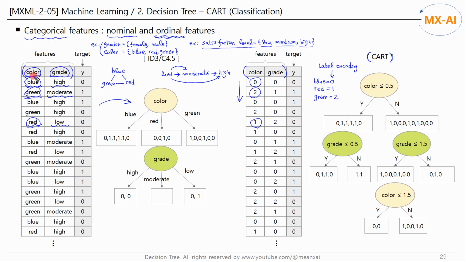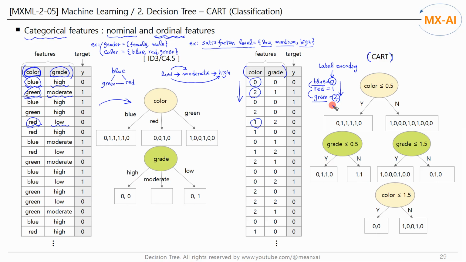The color feature is a nominal variable, and each category is independent of each other. However, these numbers have an order. The number 2 is greater than 0, but we cannot say that the color green is greater than blue. For this reason, encoding nominal variables in this way is generally undesirable.